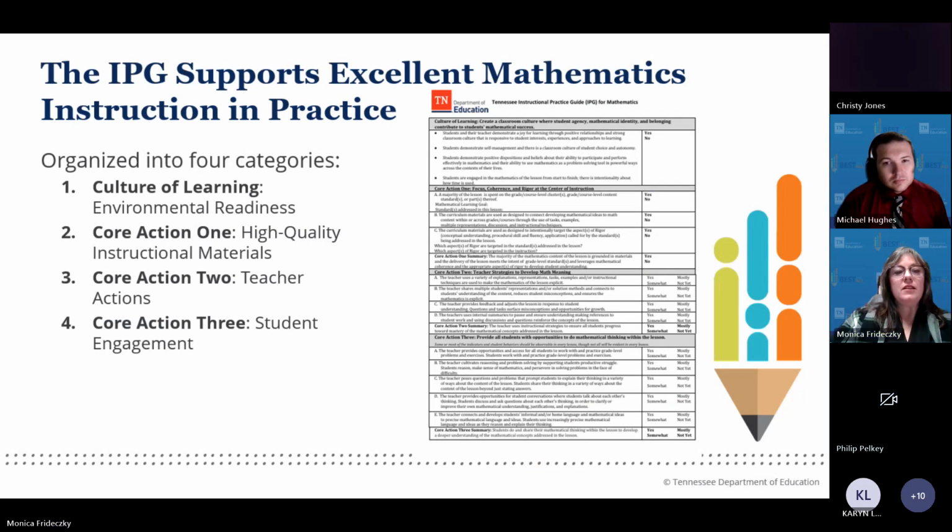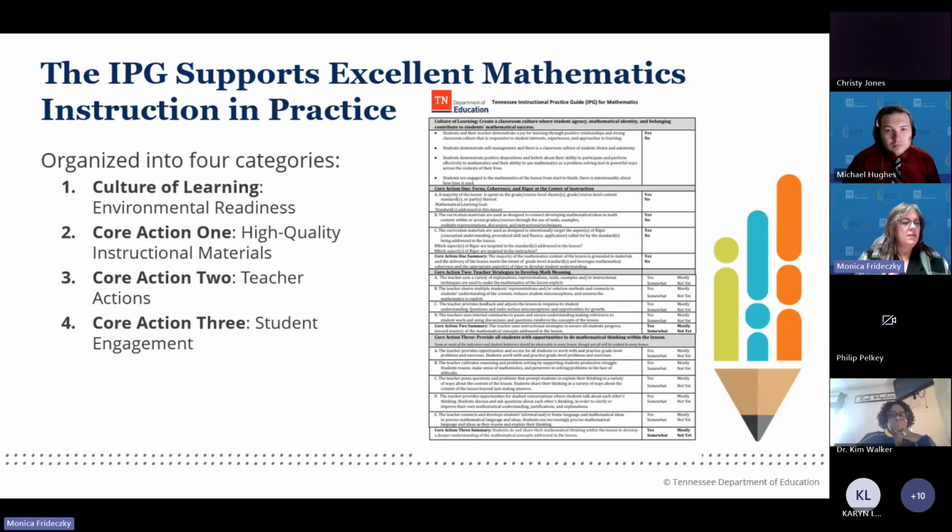Okay, so as you learned earlier this year, the Tennessee Department of Education has two tools to support the vision of strong literacy instruction. Although the two tools, the ELA and the math, are slightly different, each of the IPGs mirror one another in their focus.